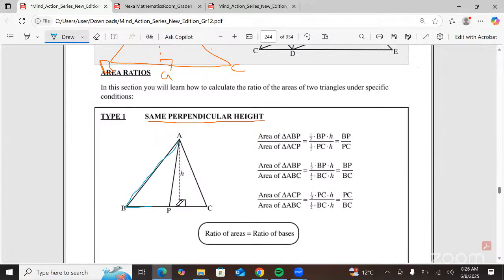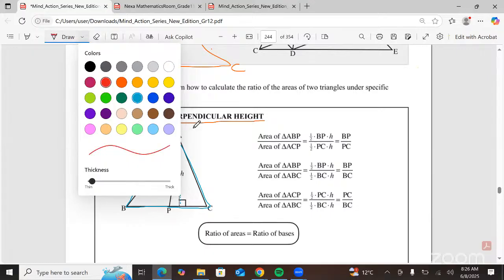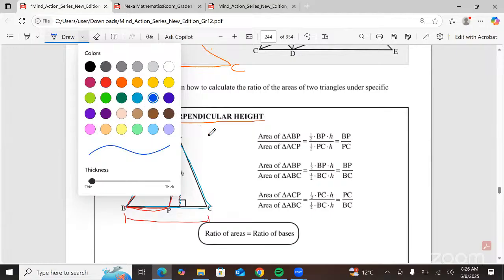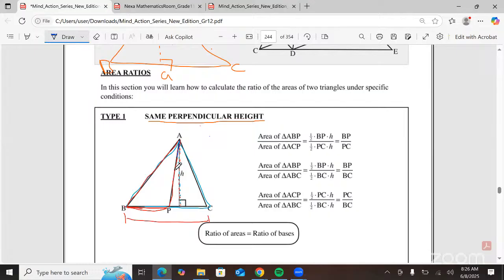This is a triangle with the height H. We also have this other triangle, A, B, P. It also has the same height, H, but now the base is this one. Then for ABC, the base is this one. We also have another triangle here. This is a triangle APC.